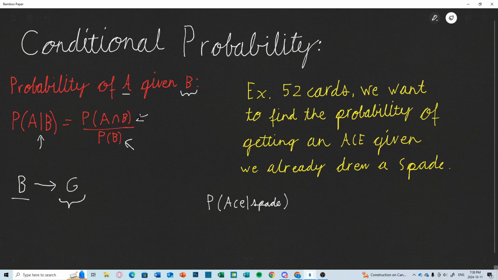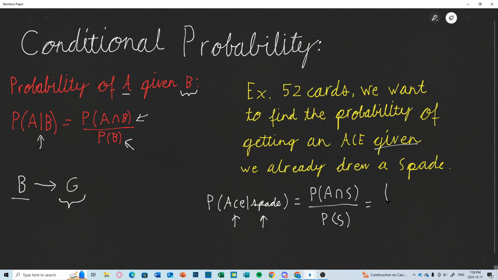In this example, we have 52 cards and we want to find the probability of getting an ace given that we already drew a spade. We'll set this up just like the formula. Our ace is our A, given that we already drew a spade. So this becomes the probability of ace and spade divided by the probability of just the spade.